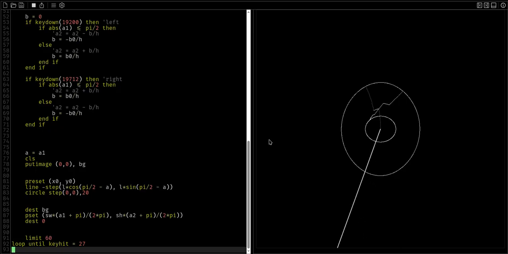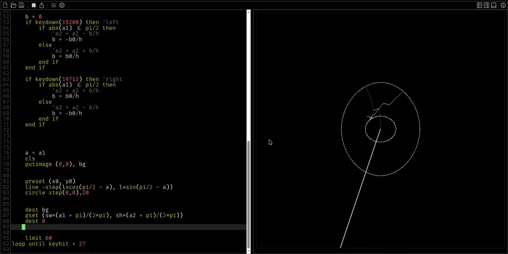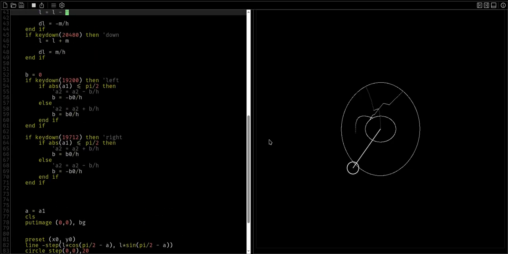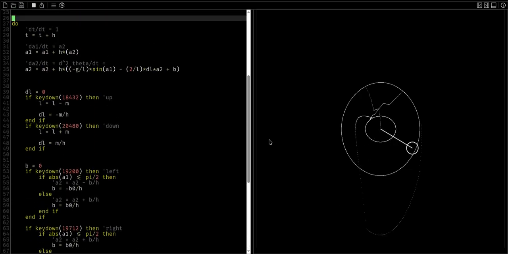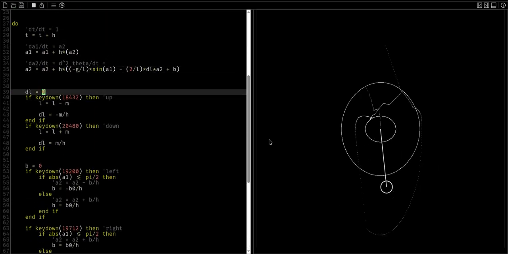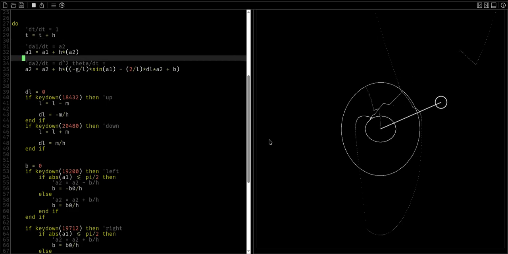let's not touch the left or right arrow keys here, and let's just shorten the length and speed ourselves up. And here we are.